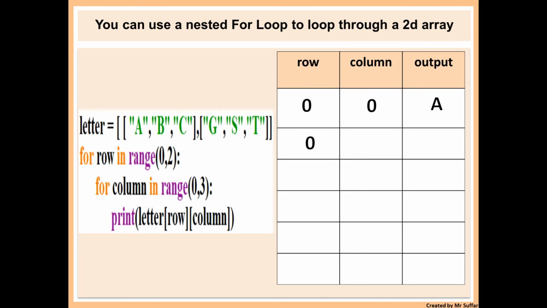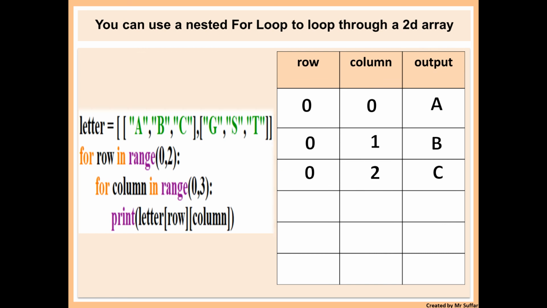The row will not increase otherwise. For column in range, so it becomes 1 now. And then 0, 1, that represents index 0, so array 0, and then 1, which is the B. Then it stays as 0, and then that increases to 2. And then 0, 2 represents C.